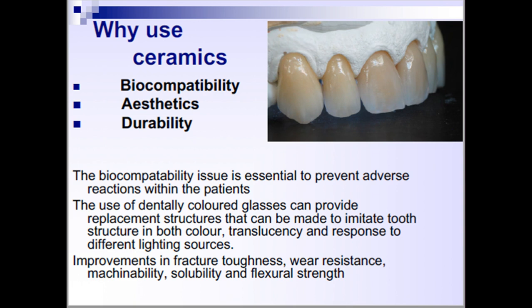So these are the general properties for ceramic materials. That is, chemically they're inert, they're insoluble in oral fluids, no free electrons, so there is no conduction of electricity through them.